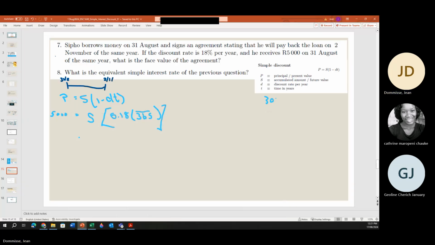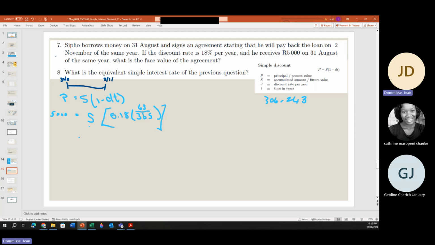Again, don't try to count the days in between. Use the table. 306 minus 243 on a calculator gives me 63 days.